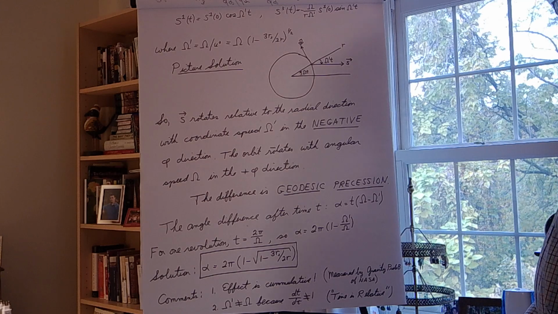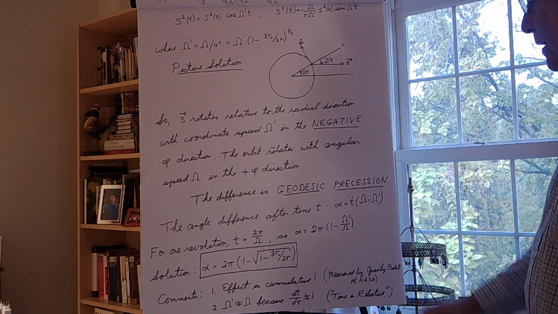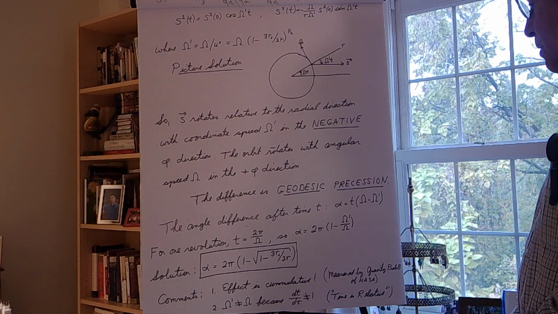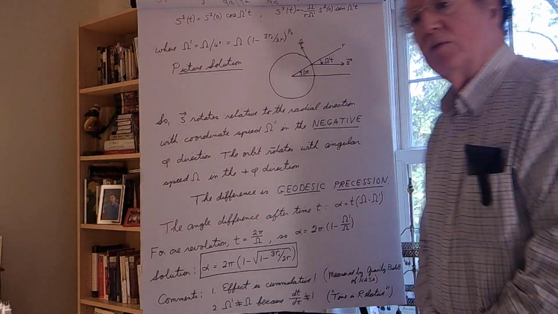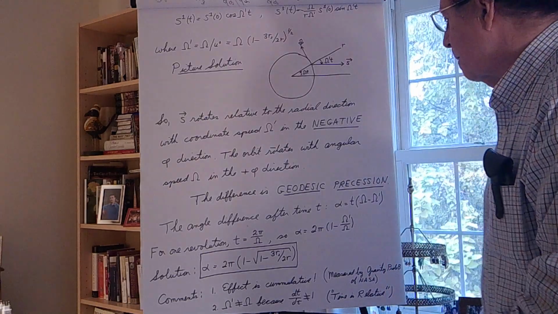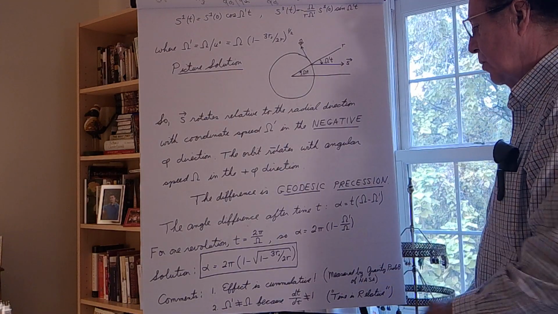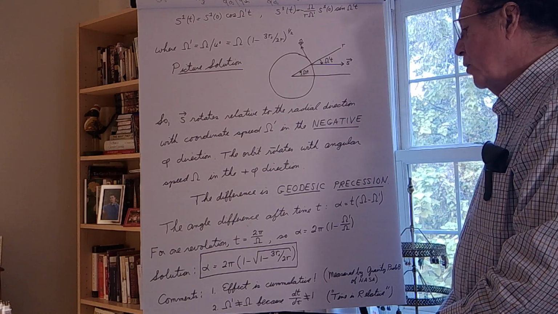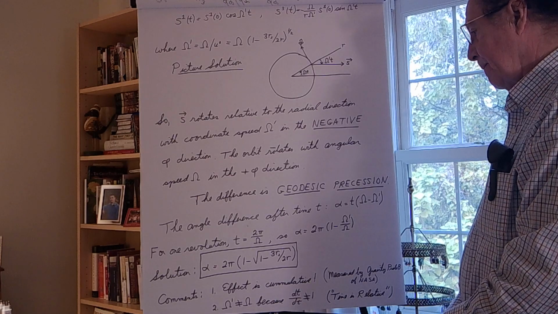For Newton you have absolute time, so that ratio is 1. So alpha is 2 pi times (1 minus 1), which is 0. No effect. So it's interesting. Therefore, this is a test, in this case, of my Schwarzschild solution. It's a test of some notions of relativity.